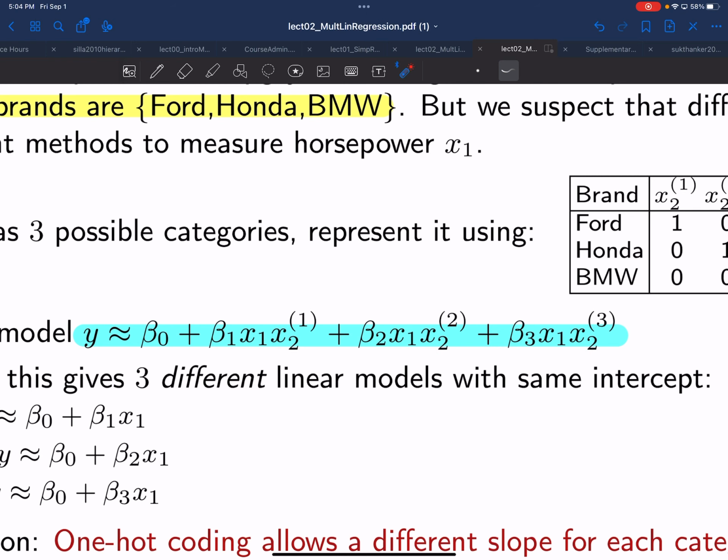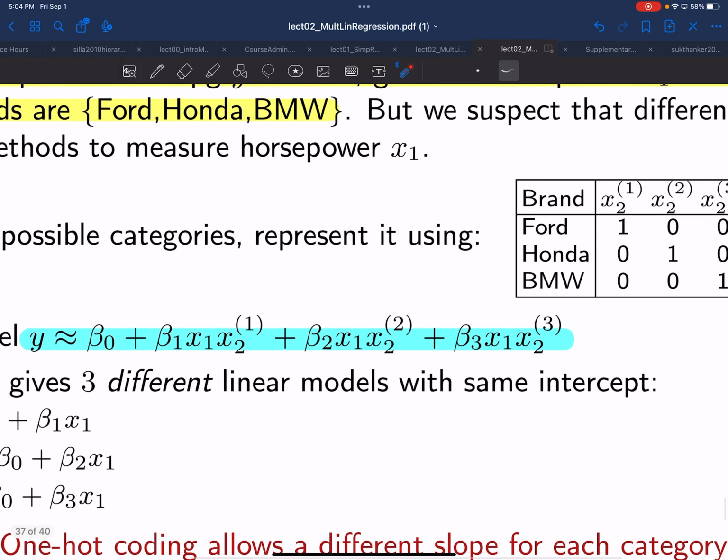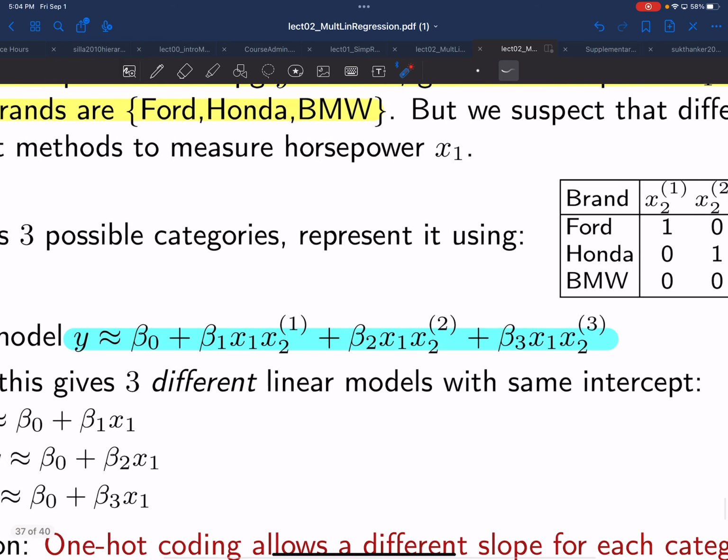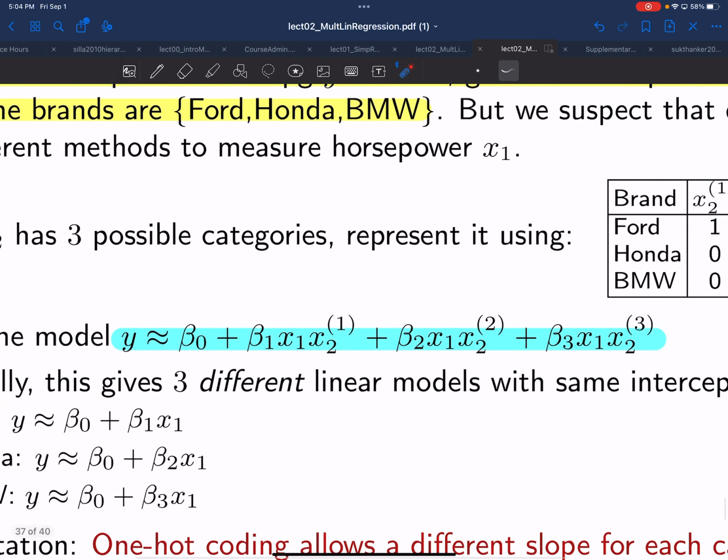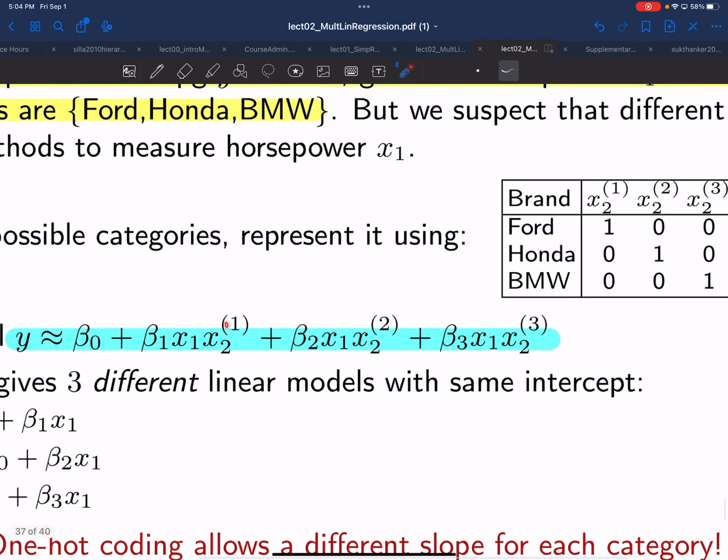If I have a Ford, this is going to be a 1, and this is going to be a 0 and a 0. So all my Ford samples will look like this. On the other hand, if I have a Honda, this will be 0, 1, 0. So those go away, and I'm going to have a beta 2 x1 and a beta 0.